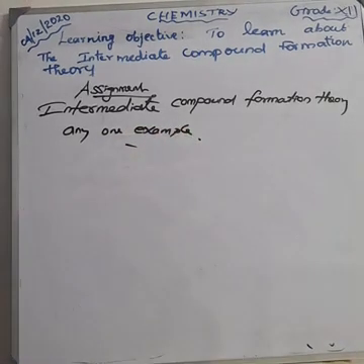Please all of you take the textbook. I will give the page number: second volume, page number 18, the intermediate compound formation theory. The catalyst acts by providing a new path with low energy of activation.